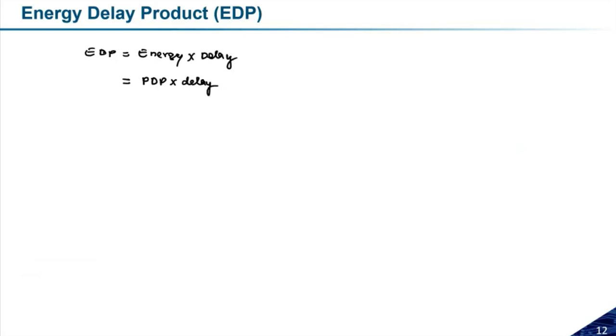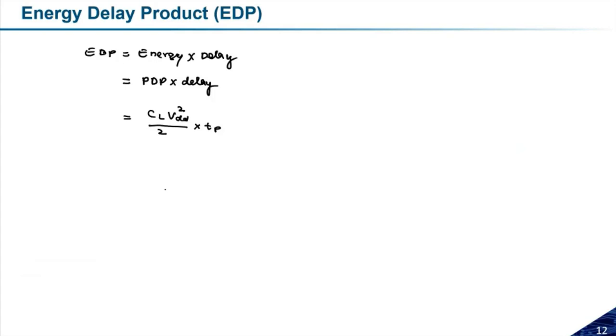We know that the PDP we have already calculated, that is CL VDD square by 2, and if I multiply by TP, then we will get the energy delay product.